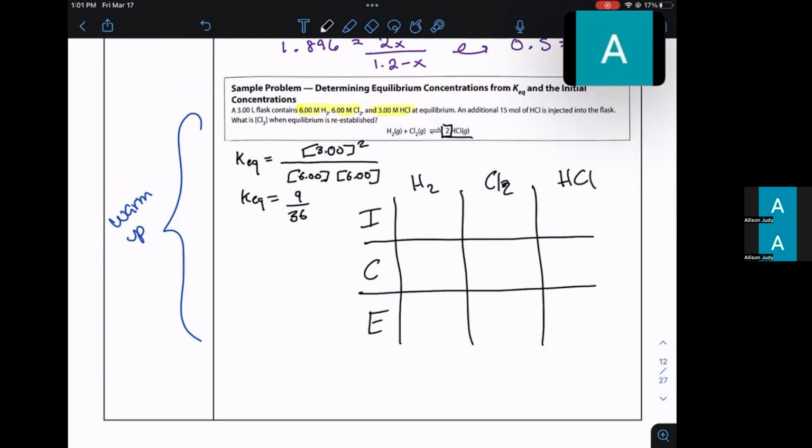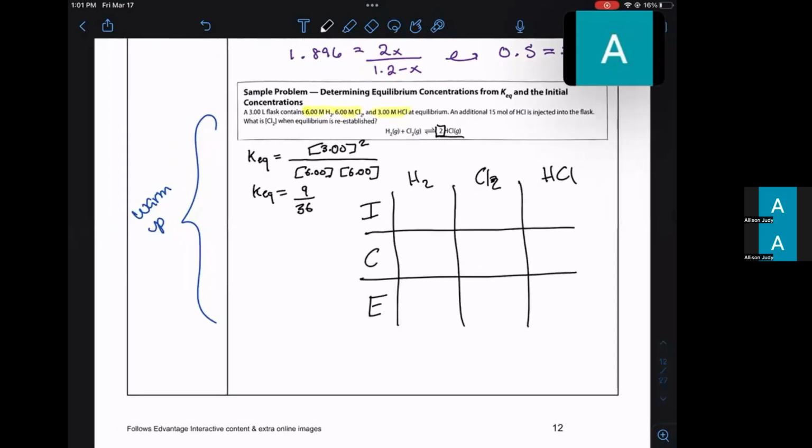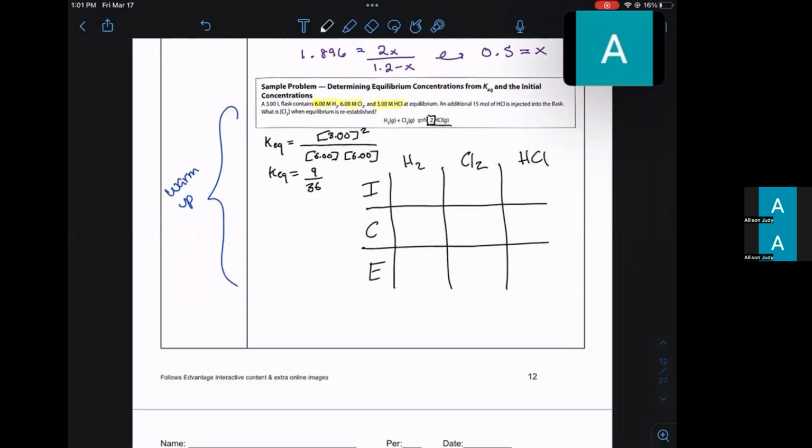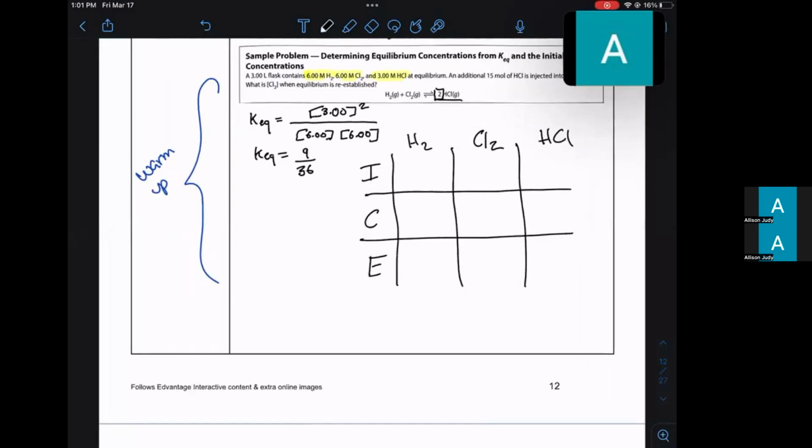So initial concentrations, actually, so this is an ICE table problem. When you have this sort of an ICE table, they give you the equilibrium values first. So they start by saying 6 molar, 6 molar, and 3 molar. That's not actually the initial conditions. That is the conditions at equilibrium.